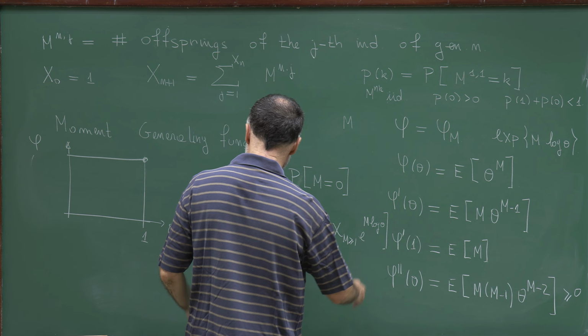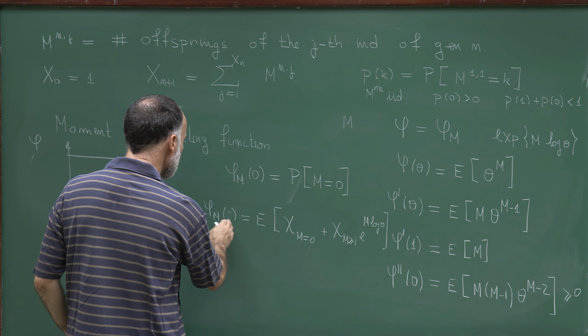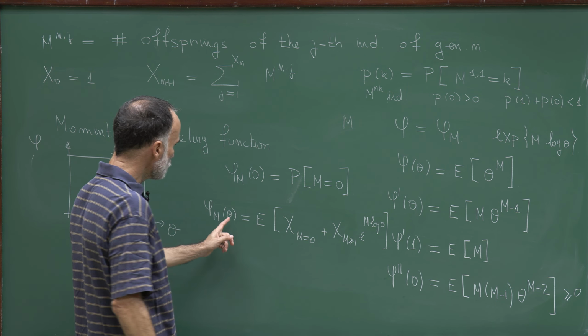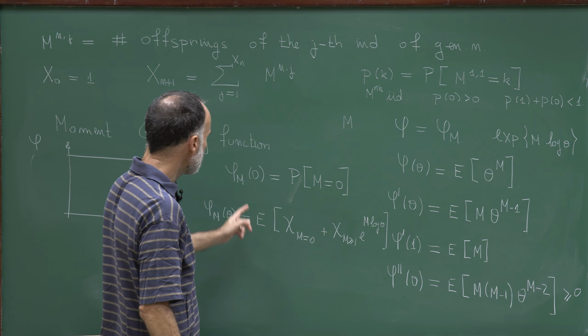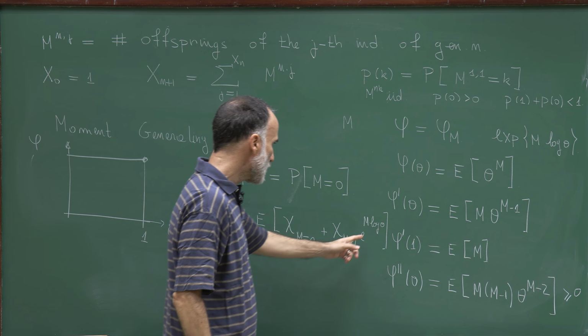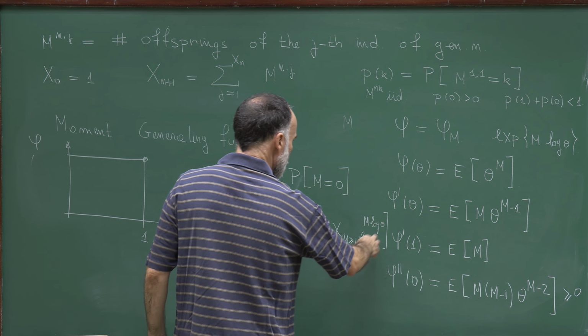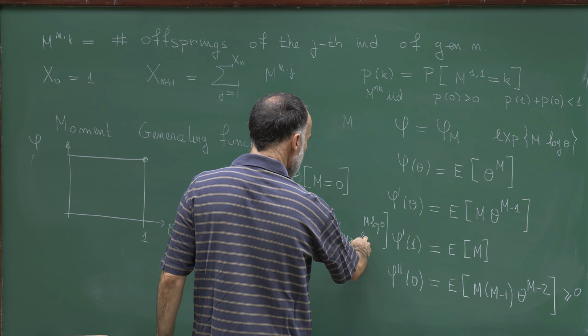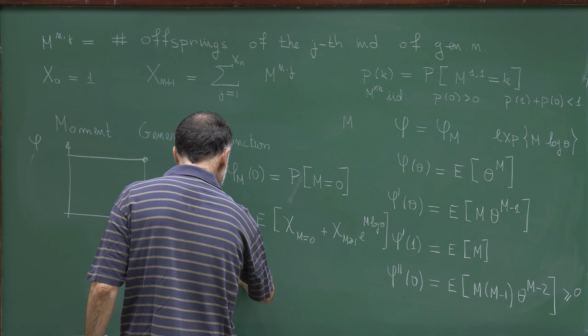So this is phi_m of theta, and I want to take theta to 0 in order to get this formula. On the one hand, I have an exponential, which is always positive.